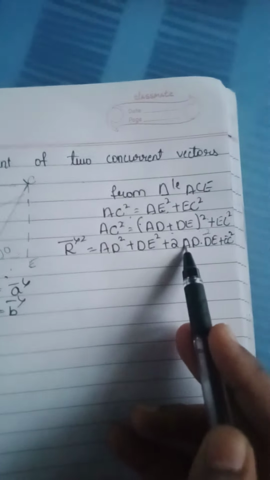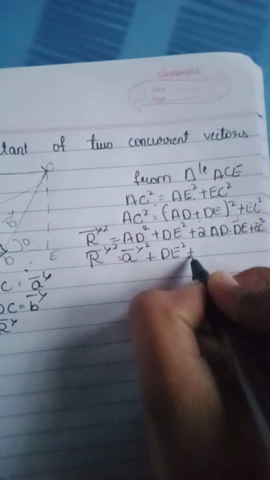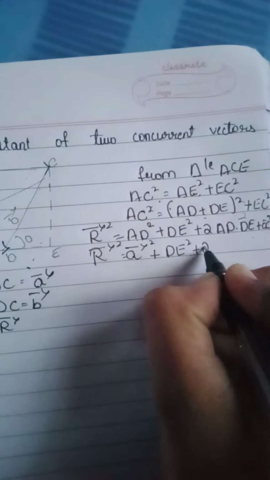We know that AD is equals to root vector A square, so we write vector A square. DE square plus 2, AD means vector A, so vector A into DE.